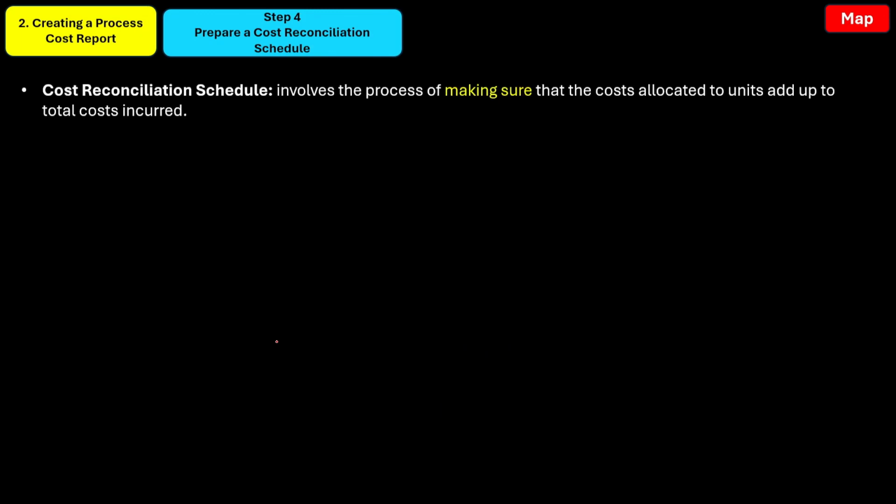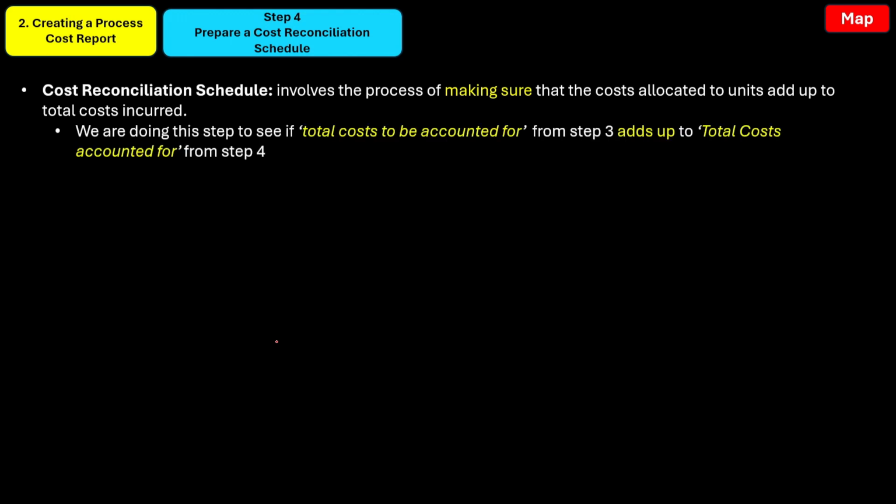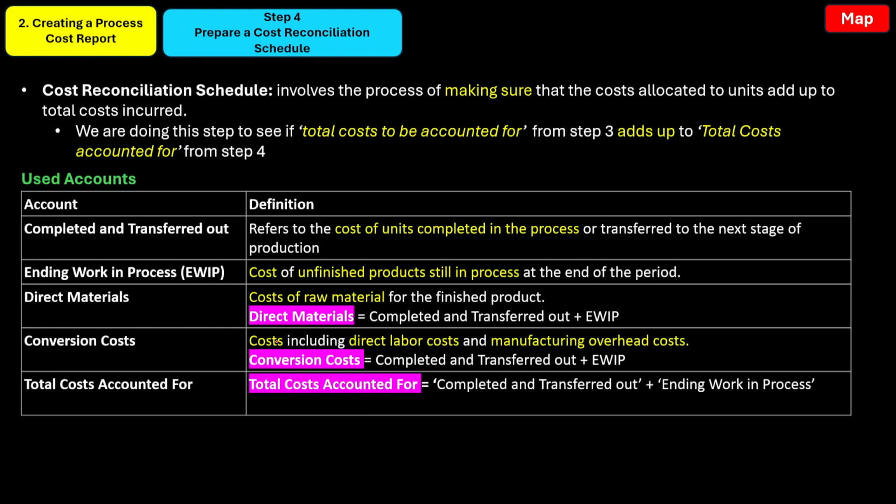A cost reconciliation schedule involves the process of making sure that the costs allocated to units add up to total costs incurred. So we are doing this step to see if total cost to be accounted for from step 3 adds up to total cost accounted for from step 4. So here are the used accounts for a cost reconciliation schedule. We have completed and transferred out. This refers to the cost of units completed in the process or transferred to the next stage of production.